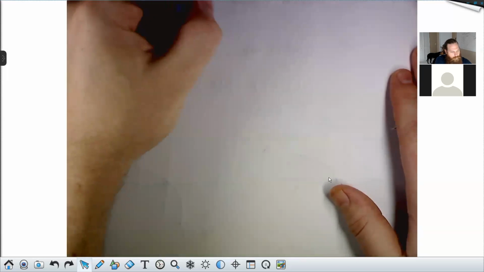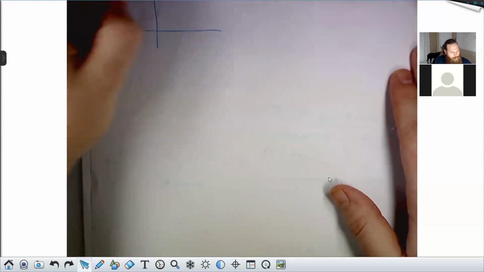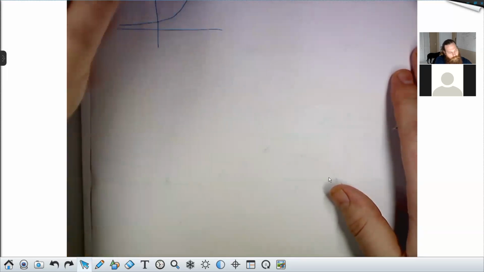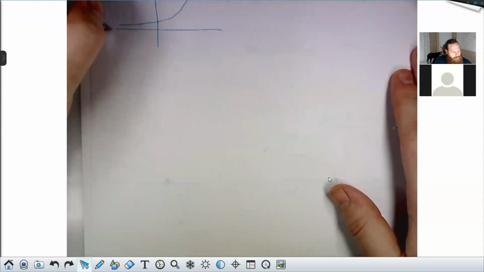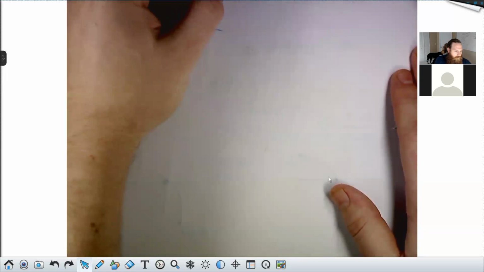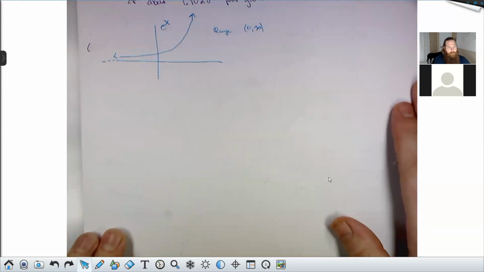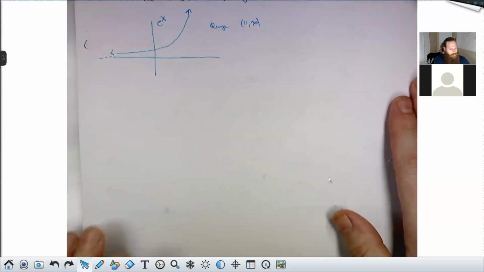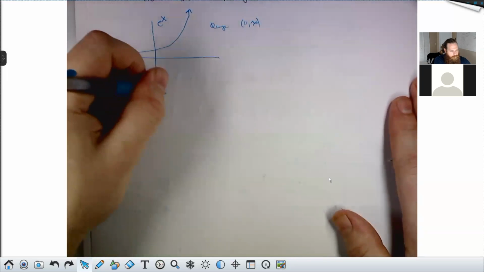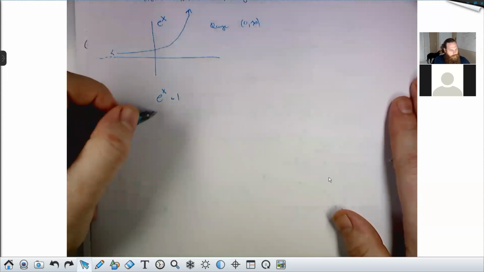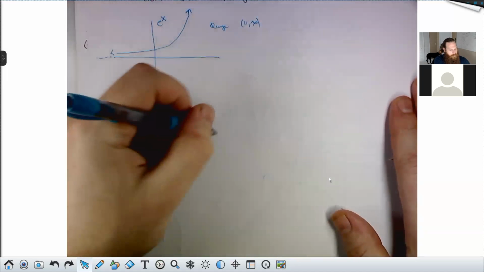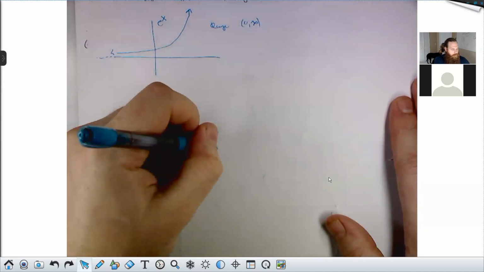So for example, if you look at regular old e to the x, his range is 0 to infinity. So if I drag this down, if I look at e to the x minus 1 like that, that's going to shift the whole graph down 1 unit.